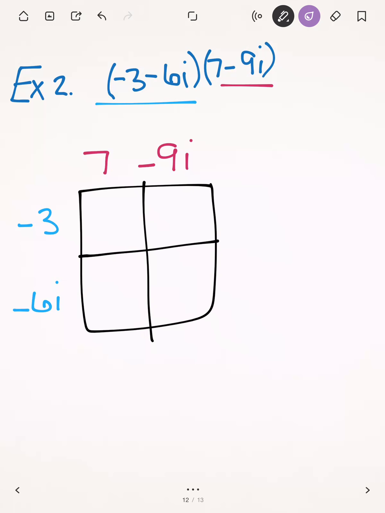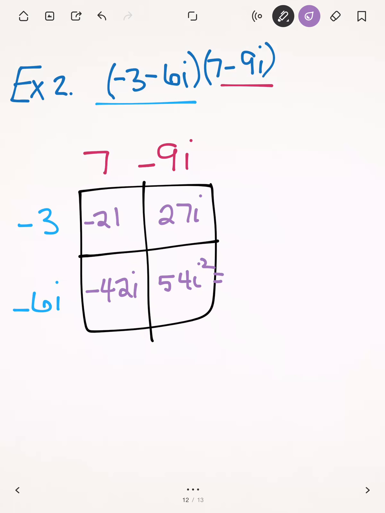So 7 times negative 3 is a negative 21. 7 times a negative 6i is a negative 42i. Negative 3 times a negative 9i is a positive 27i. And a negative 6i times a negative 9i is a positive 54i squared.